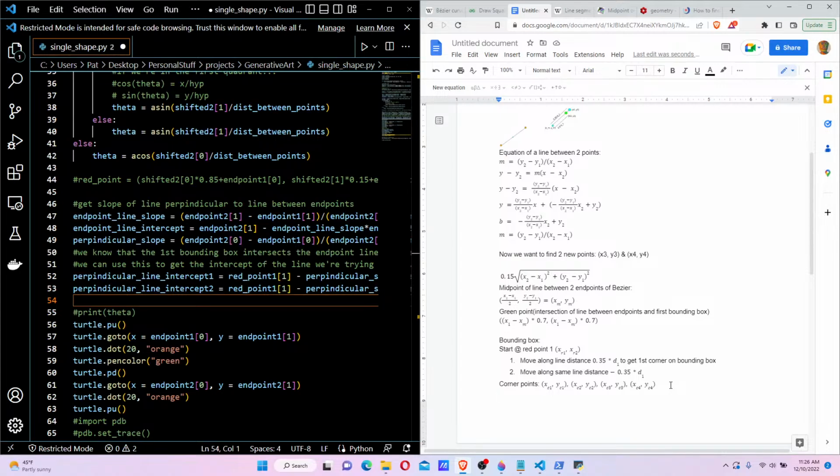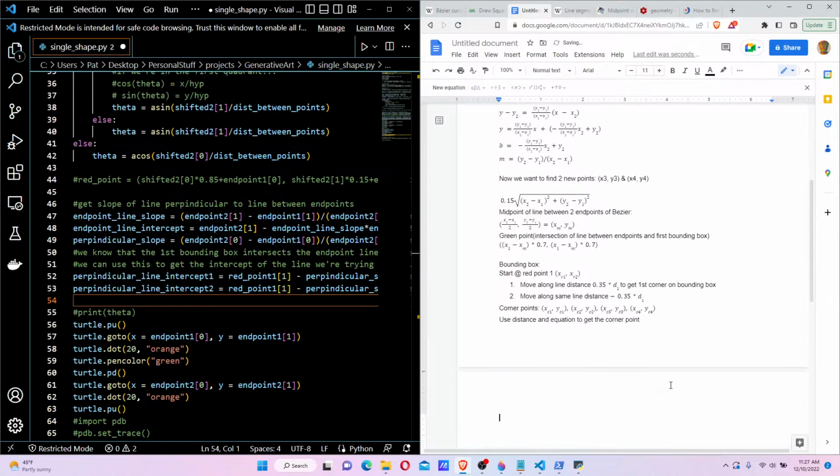So it should lie on the line. I know the equation of the line. I just have to find my points. Oh, okay. So the equation of the line, and you also use the distance. So use distance and equation to get the corner point.